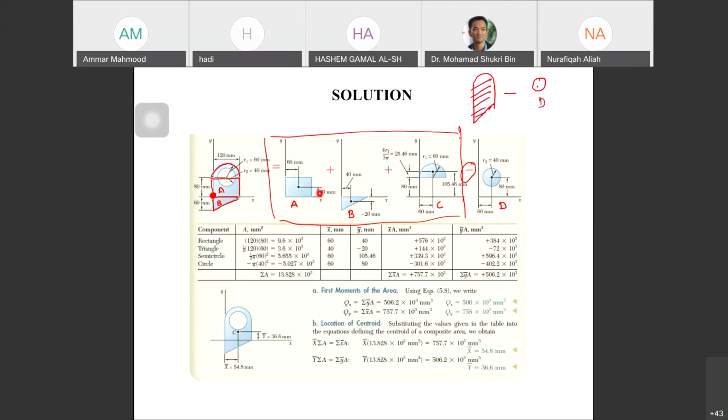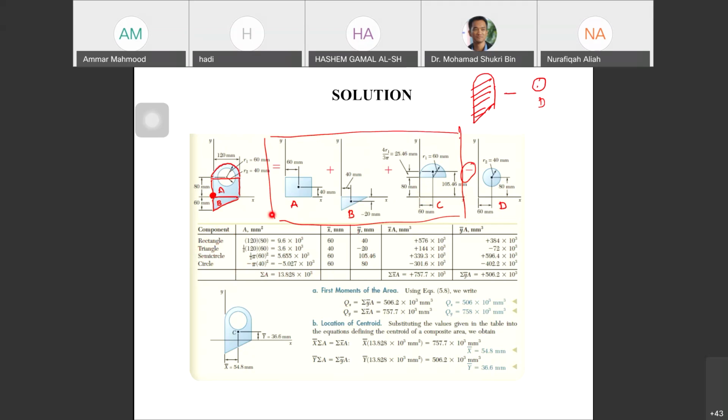Look at the bigger picture: the origin is located at the edge of A here. For C, the origin is here. Don't put the origin at the edge of the semicircle. Must follow the original origin here. Same with your circle. So do the same things.